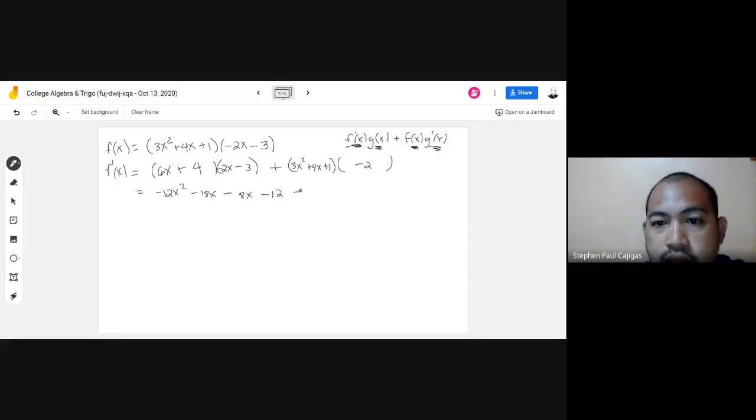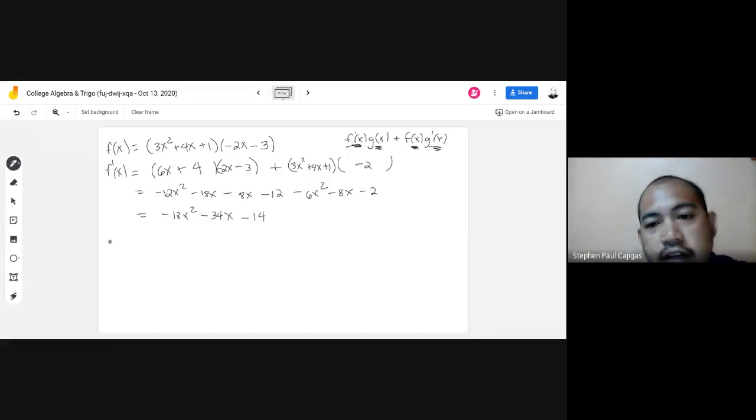Magiging negative 6x squared minus 8x minus 2. Ma-simplify: negative 12x squared, negative 18x squared. Tapos 18 minus 8, negative 26. Minus 8 na liwat, 34. Minus 12 minus 2, so minus 14. Okay, so that's the first derivative.